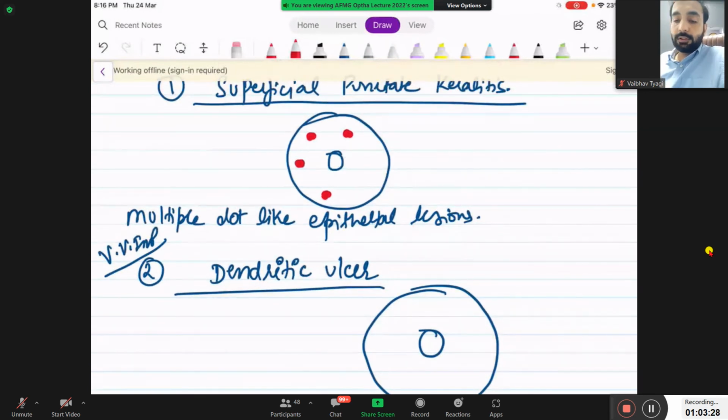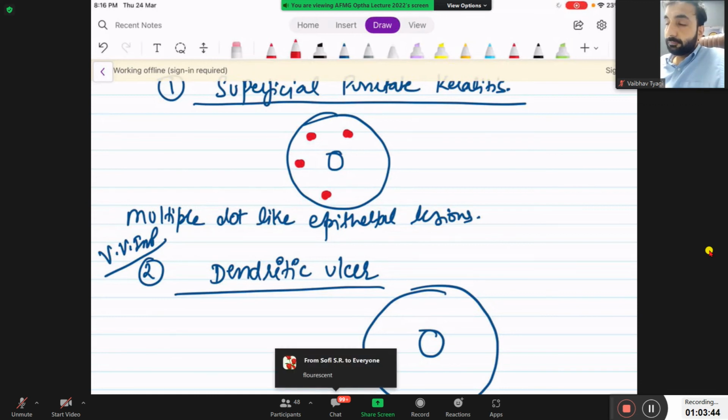Which dye you will use first to stain the cornea? The name of the dye which you use to stain the cornea in OPDs. Fluorescein dye, right.